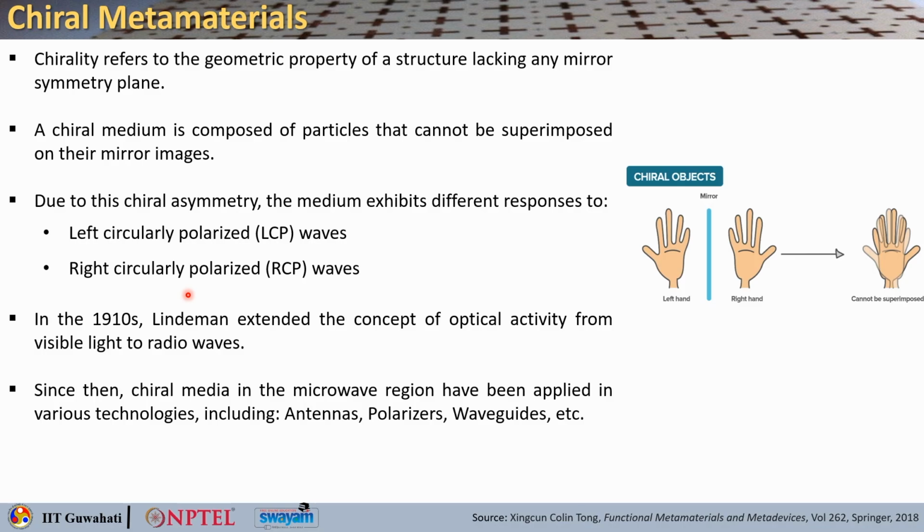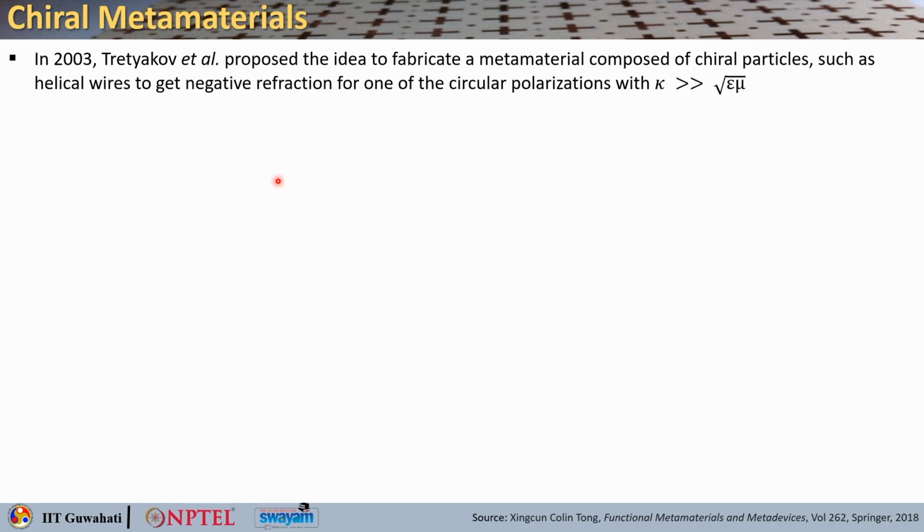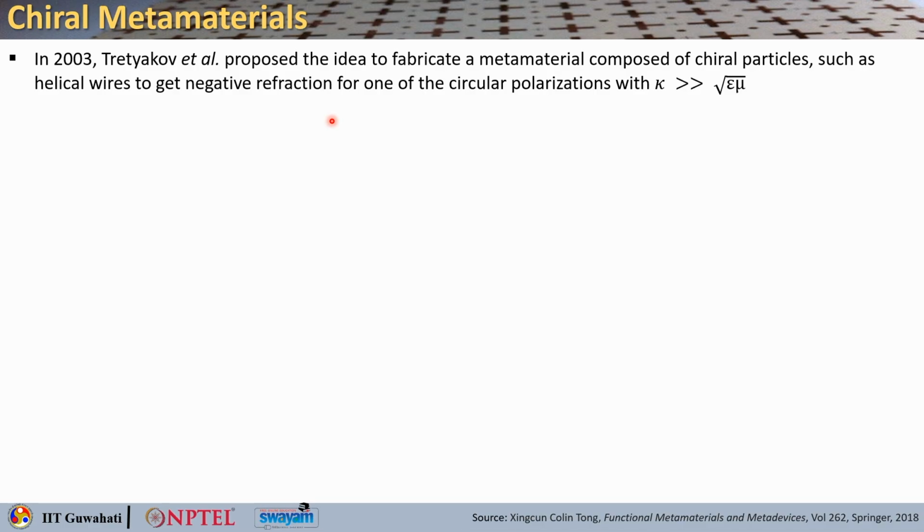So, he used helical coils as artificial chiral molecules, and since then, the chiral media in the microwave region has been applied in various technologies such as antennas, polarizers, waveguides, etc. So, in 2003, Tretiakov and his group proposed the idea to fabricate a metamaterial composed of chiral particles such as helical wires to get negative refraction for one of the circular polarizations with kappa much larger than square root of epsilon mu.